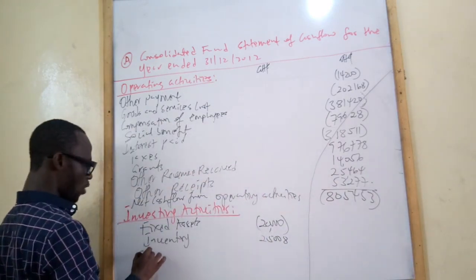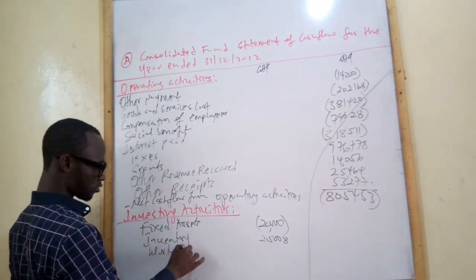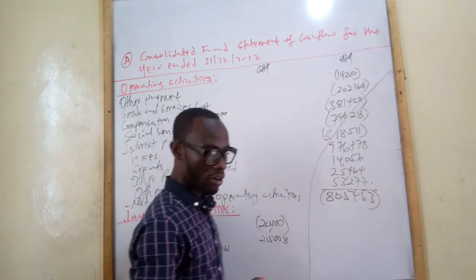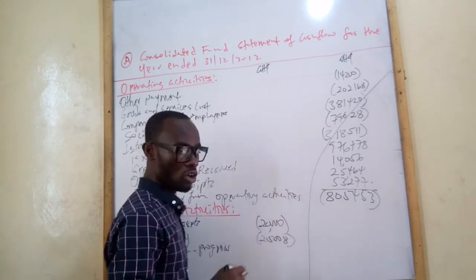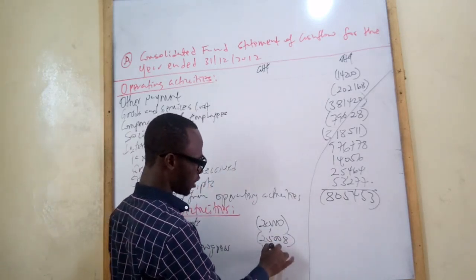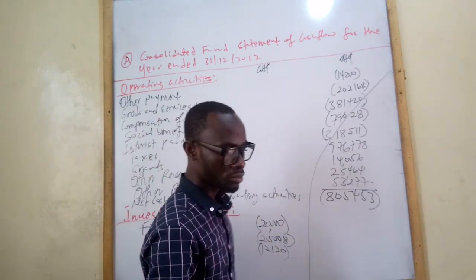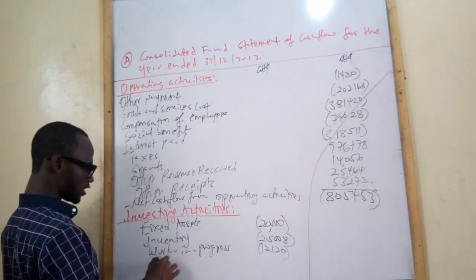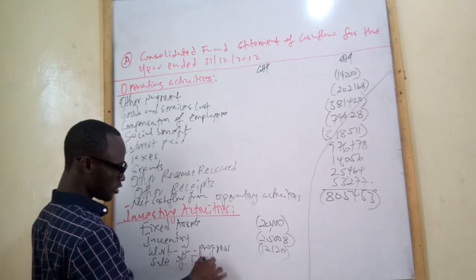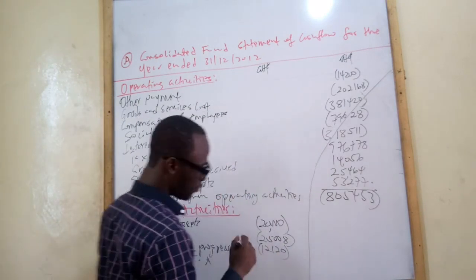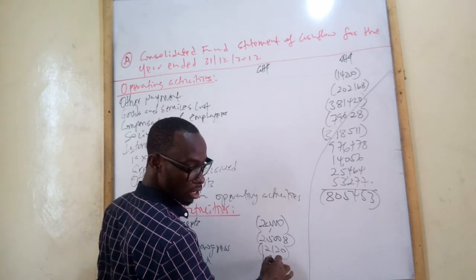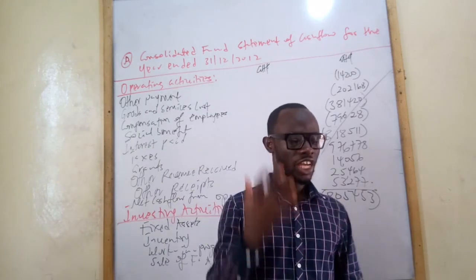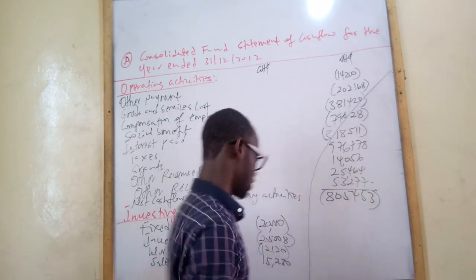Then I told you about work in progress. Now, inventory is a cash outflow. Work in progress also is 12,120. Then sale of fixed assets. That is a cash inflow of 15,230. Then we have shares and other equity purchases.